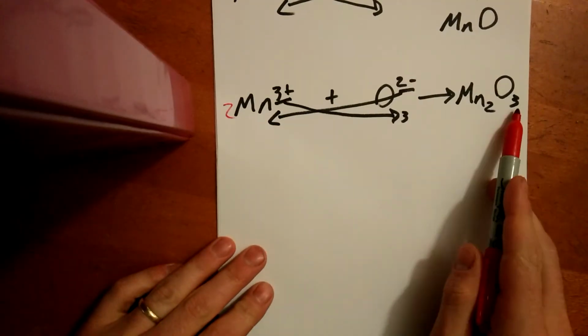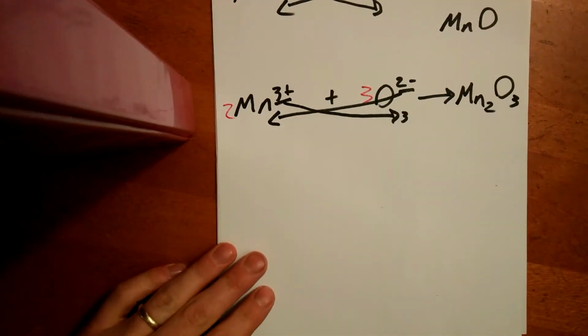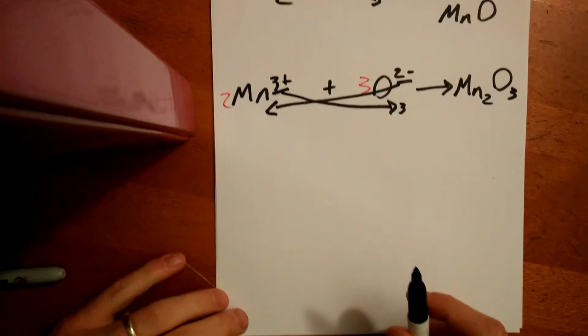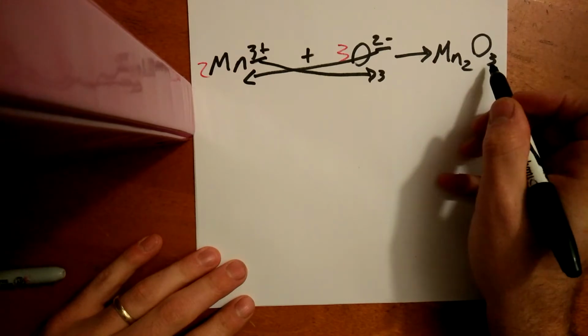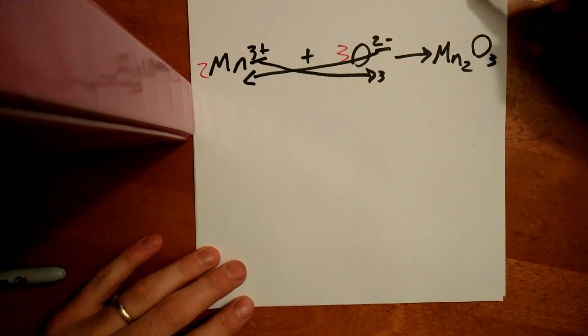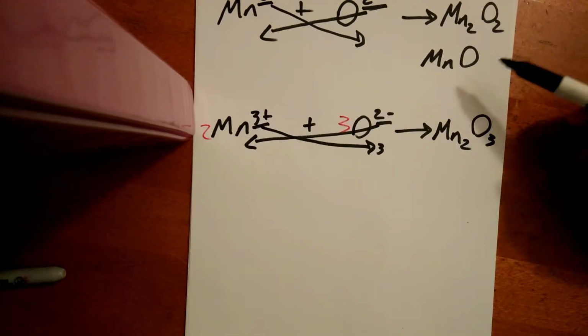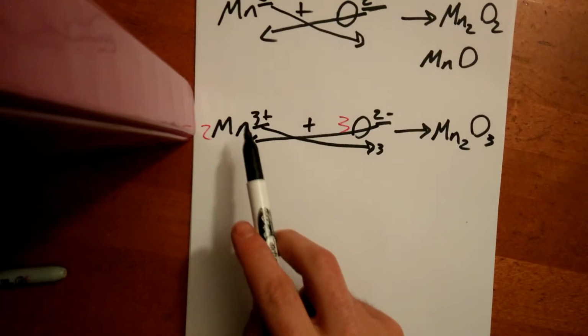And we've got 3 oxygen on this side, so we're going to need 3 over here. For naming these then, we have manganese oxide, and you'll notice that these are very different, but if I was just calling it manganese oxide, I'm not going to know if I pick the 2 charge or the 3 charge.